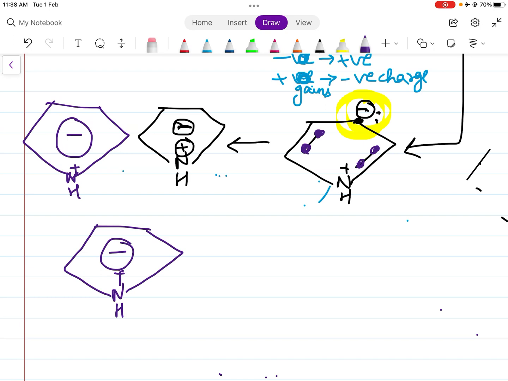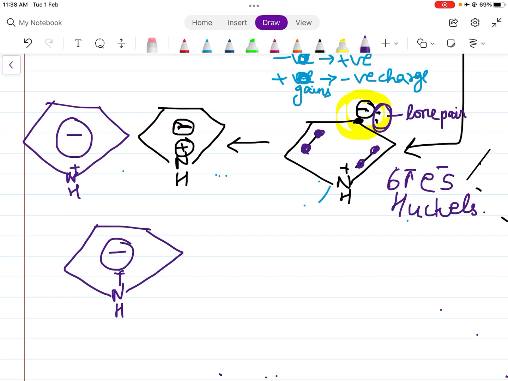So you say that there are only 4 electrons, but we forget these 2 electrons which are present as a lone pair. If we consider these 2 electrons, we have 6 electrons in total, and we know that if it has 6 pi electrons, it will follow Huckel's rule of 4n plus 2 pi electrons.